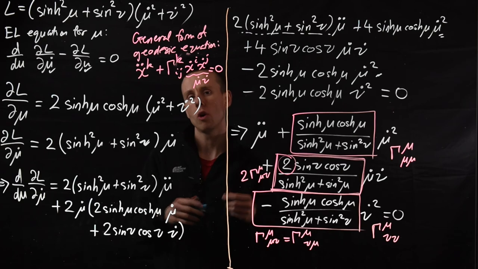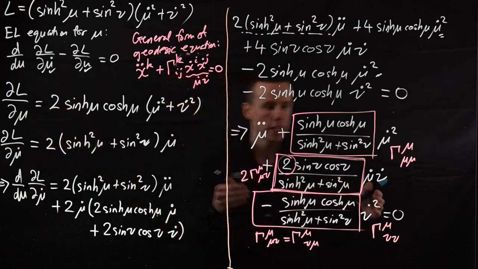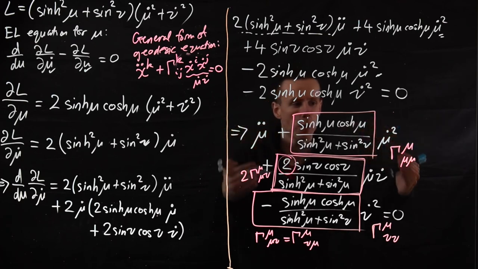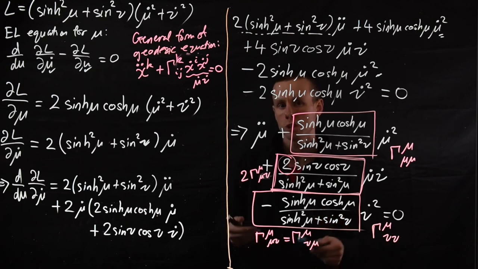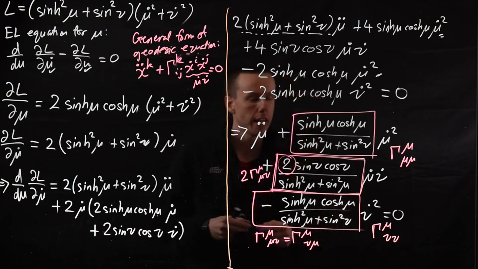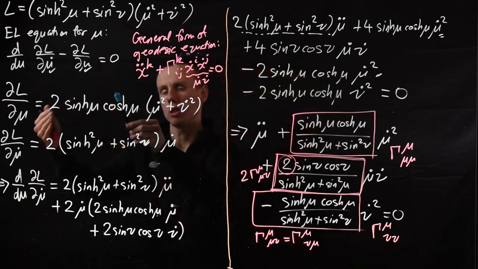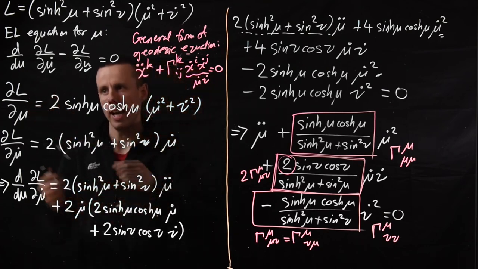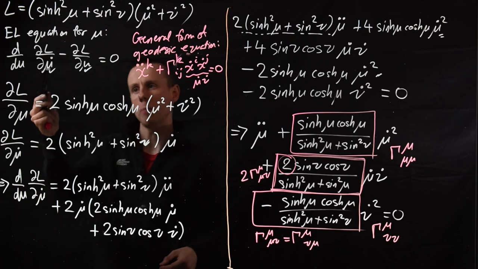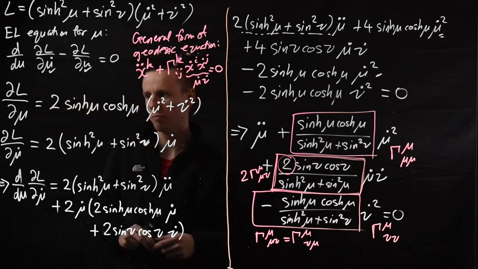Okay, so that's the Euler-Lagrange equation for the mu coordinate. And as you can see, this gives us a very reasonably quick way of reading off 3 of the Christoffel symbols. If you wanted to, and I'm not going to do it here just for the sake of time, because this video was already long enough, you could then find the Euler-Lagrange equation for the nu coordinate. So you will find d by du of dL by d nu dot minus dL by d nu equals 0.